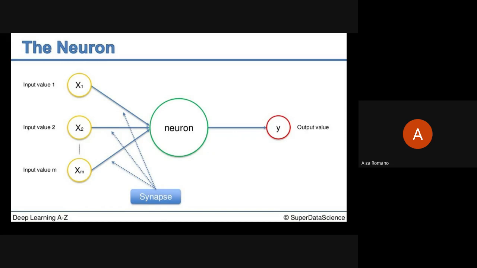The way to think about it is in the analogy of the human brain: the input layer is your senses. So whatever you can see, hear, feel, touch, or smell. And of course, there's a lot of things you can see, there's a lot of information coming in, but those are your input signals.